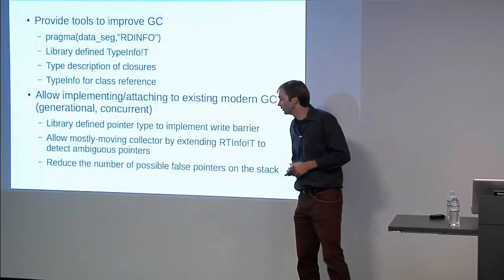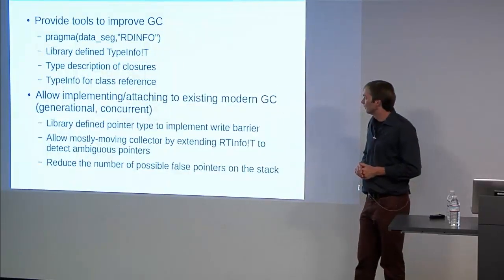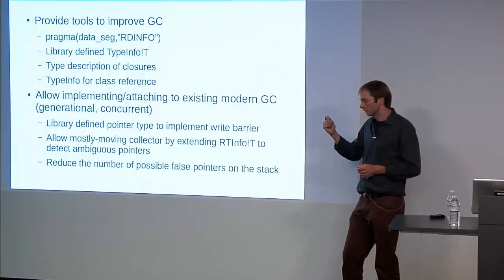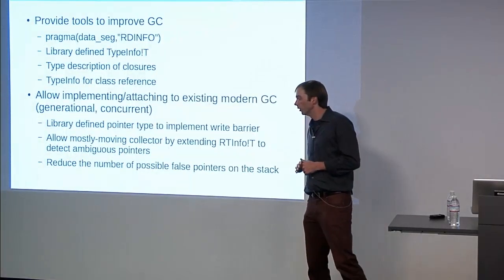So you could add that write barrier or read barrier as necessary. Just an idea. It might be possible to allow mostly moving collectors by extending these RTinfo with this additional information if it might be ambiguous or not.